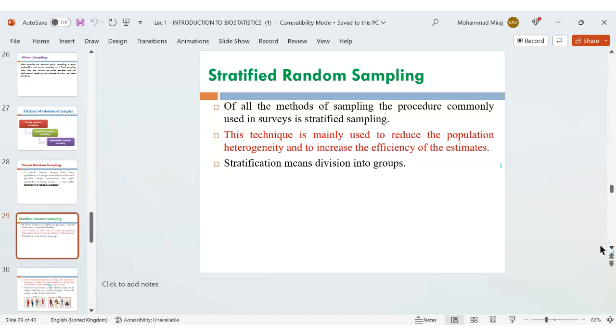This technique is mainly used to reduce the heterogeneity and to increase the efficiency of the estimate. So we get almost like-minded types of units. That means we want to reduce the heterogeneity in the study population, and we can divide them into various groups, and from there we can collect our samples, which is again an easier method. So this is known as stratified random sampling.